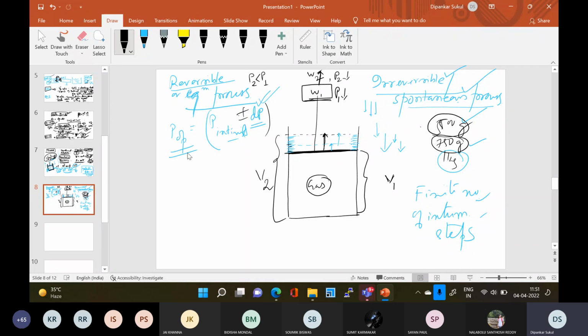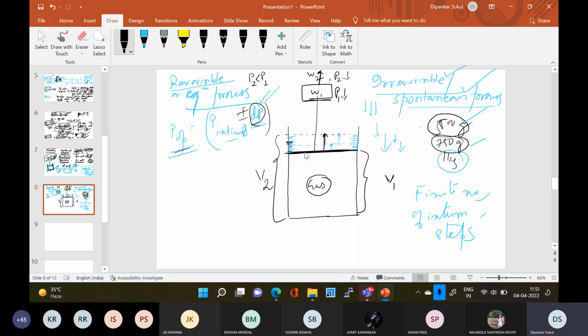The change will be so if there are an infinite number of intermediate steps. That means if the opposing pressure is changing by a very, very small amount, an infinitesimally small amount, then in any intermediate step, the system, this is the main point, the system will get sufficient time to maintain thermal and mechanical equilibrium with the surrounding.